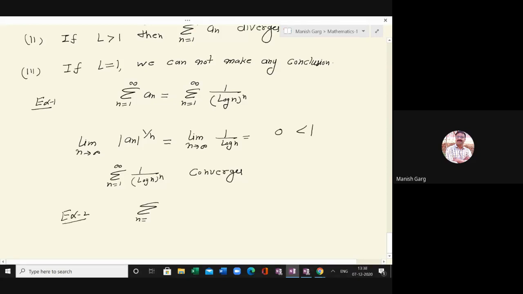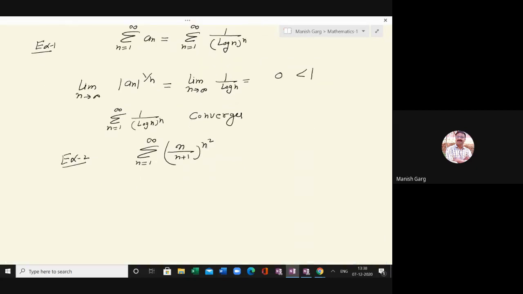Suppose you have this series, n equal to 1 to infinity, n over n plus 1, whole to the power n square. So again n square. You can do this question by the ratio test also. But if you apply the root test, within 2 or 3 steps you will get the answer. It comes from the practice: limit n tends to infinity of mod a_n to the power 1 by n. This n over n plus 1, one power will be cancelled out.